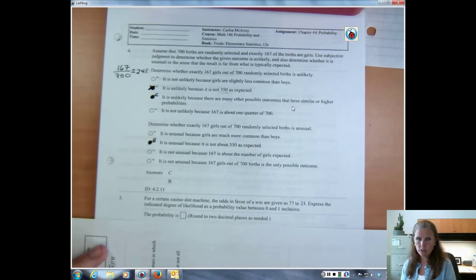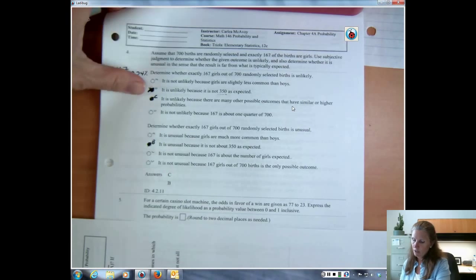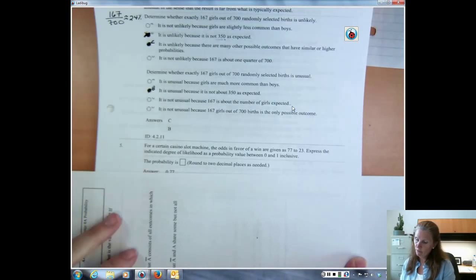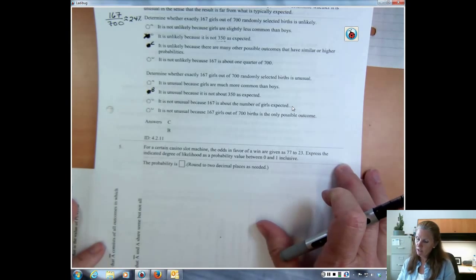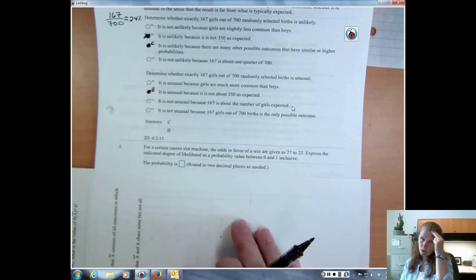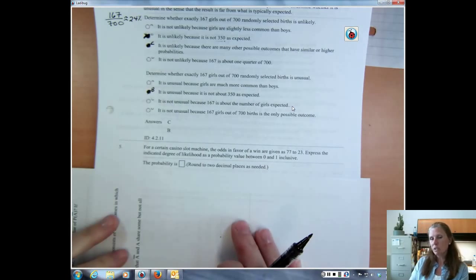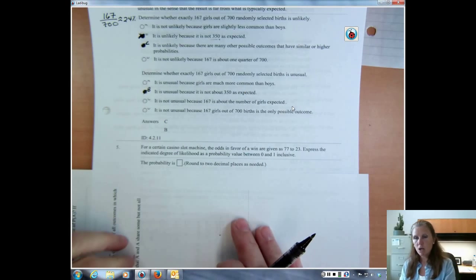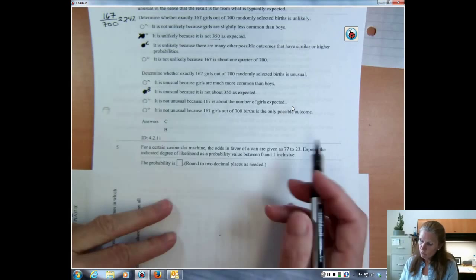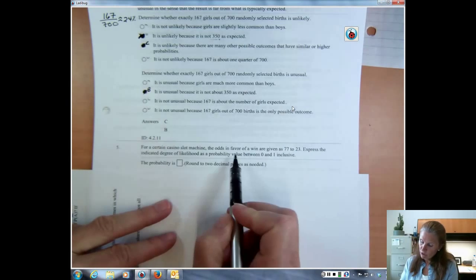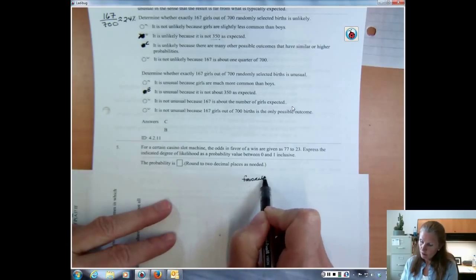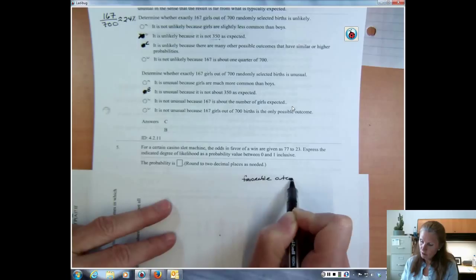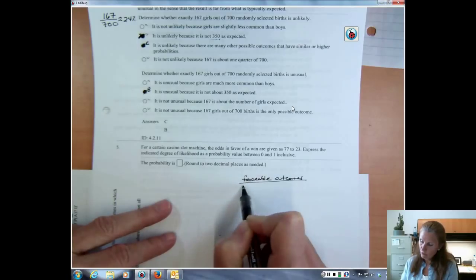Okay, for a certain casino machine, the odds in favor of a win are given as 77 to 23. Express the indicated degree of likelihood as a probability between 0 and 1 inclusive. Inclusive means it could be 0, it could be 1. When you talk about odds in favor, you talk about the favorable outcomes over the unfavorable outcomes.